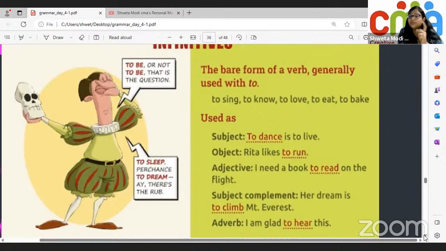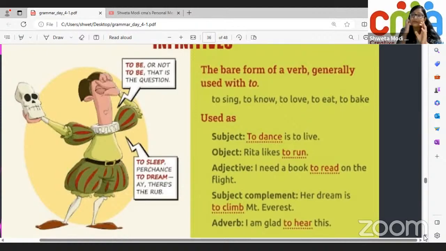Okay, but जब मैं बोल रही हूँ Rita likes, I need a book, then need is what is at that time some action. Rita likes to run. So likes is the main verb. To run is the object and not the verb.